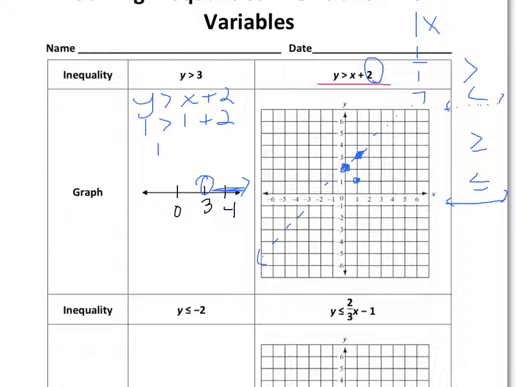Okay, so here I get 1 is greater than 3. So this is not true. Okay, so because it's not true, it means that the points on this side of the line here are not true. So I'm going to shade in the opposite side.